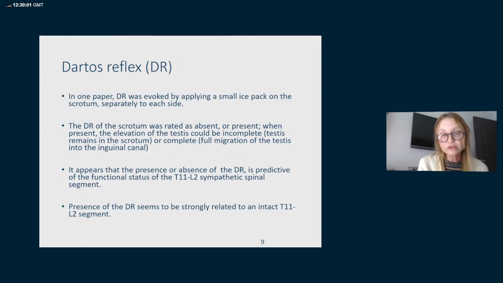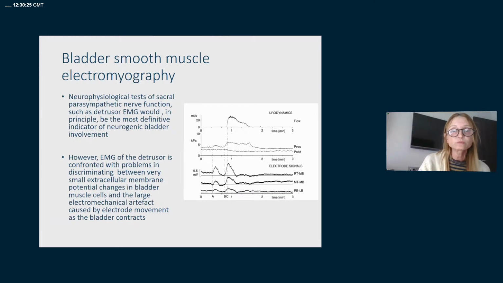And it appears, according to this study, that the presence or absence of the dartos reflex is predictive of the functional status of the thoracolumbar sympathetic spinal segment. And presence of the dartos reflex seems to be strongly related to an intact thoracolumbar segment.